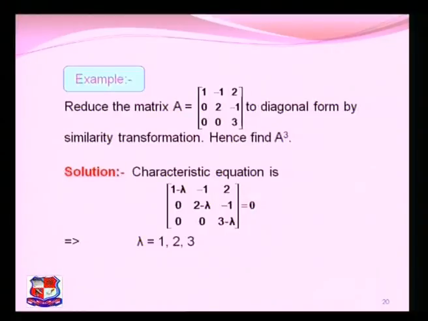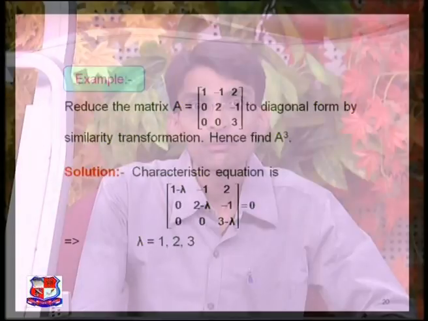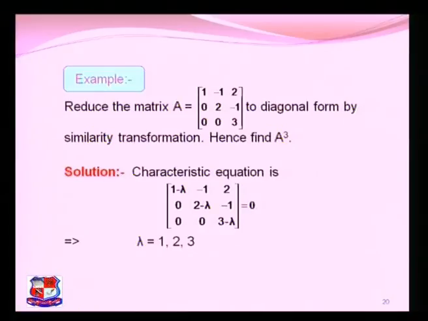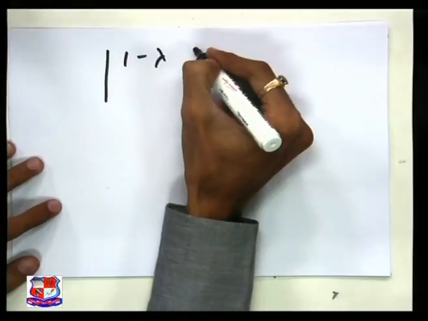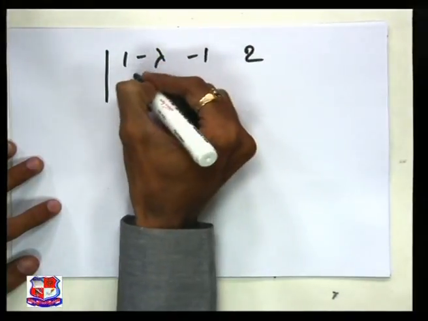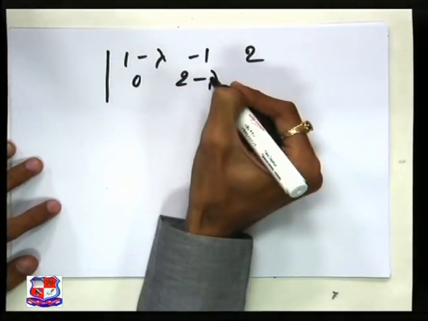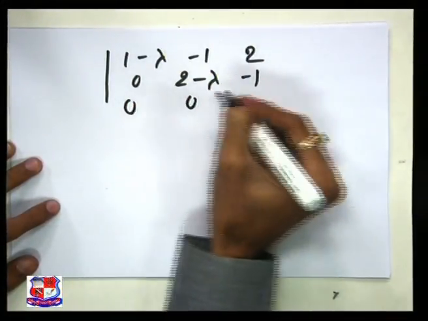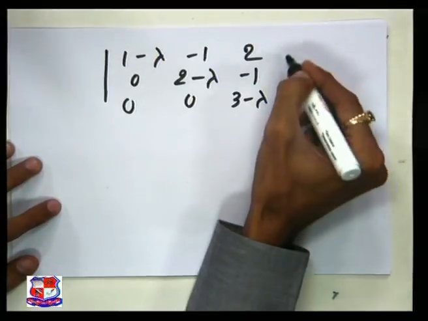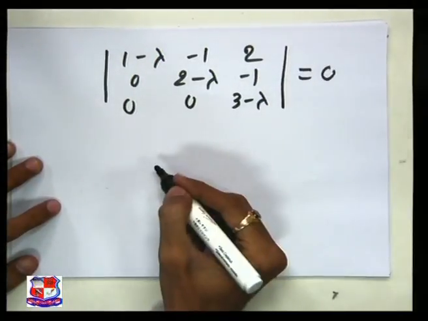For this matrix it is quite easy because it is an upper triangular matrix. If you look here, we have the determinant with rows 1 minus lambda, minus 1, 2; 0, 2 minus lambda, minus 1; 0, 0, 3 minus lambda, equal to 0.